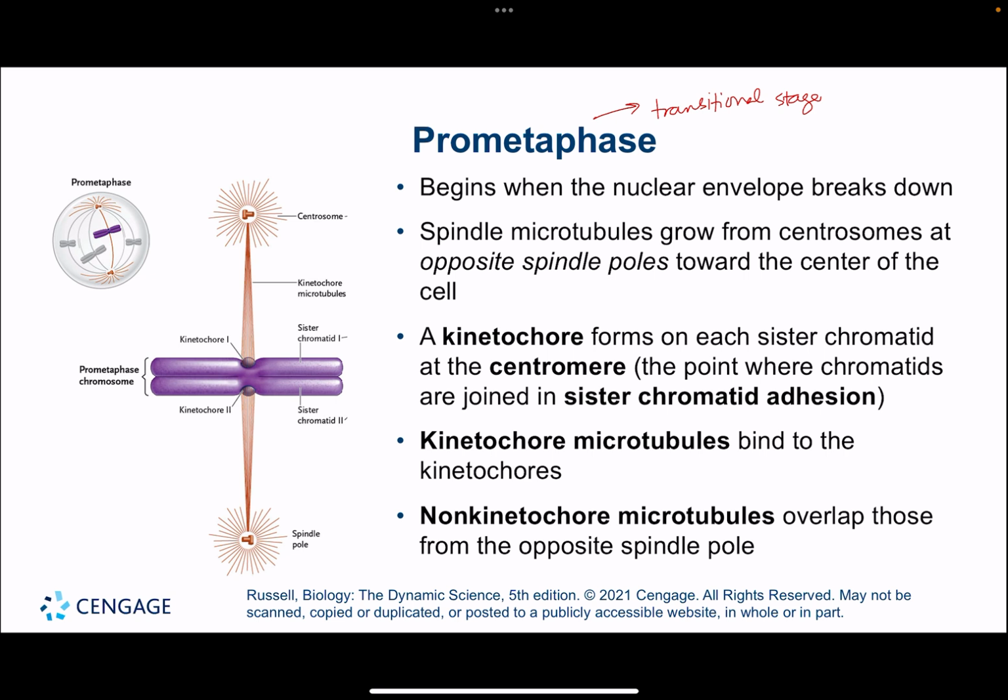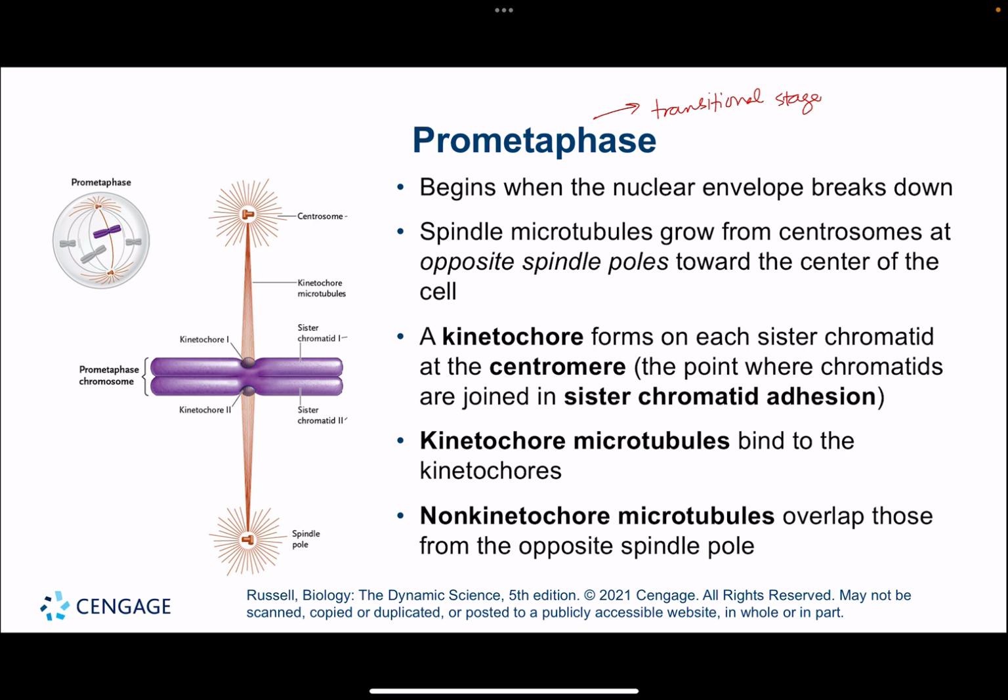So, the nuclear envelope or the nuclear membrane, which encloses the nucleus, completely disintegrates, releasing the chromosomes into the cytoplasm. And then proteins will assemble at the centromere region of each chromosome.